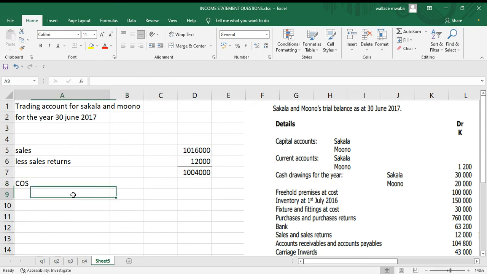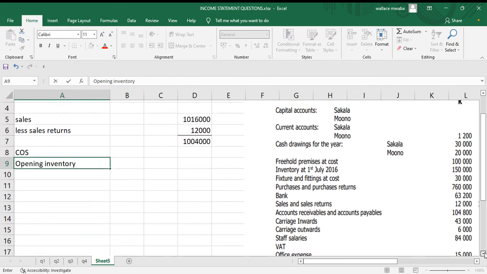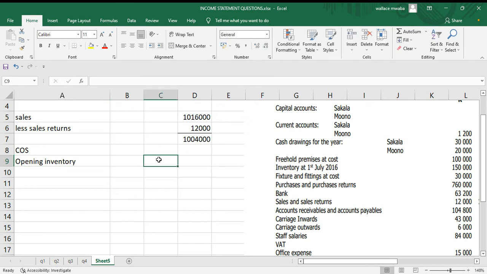We're going to put first our opening inventory. Our opening inventory is how much we're going to see here. Inventory at 1st July 2016, 150,000.